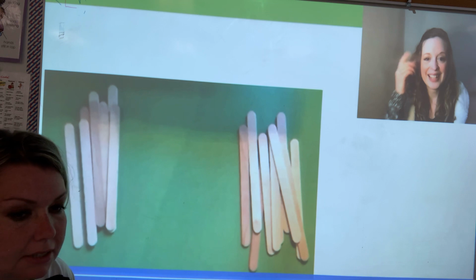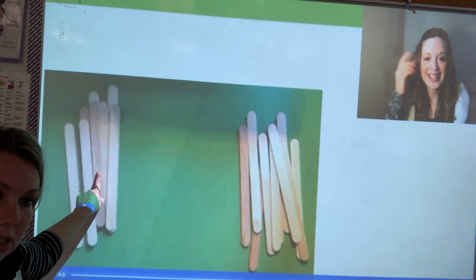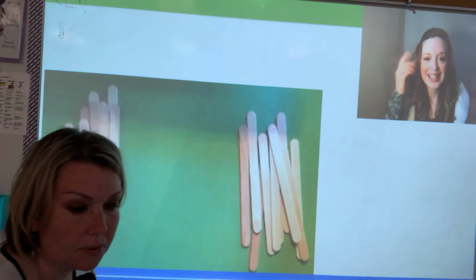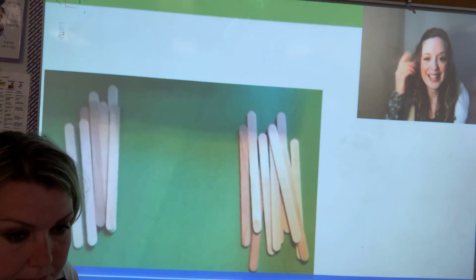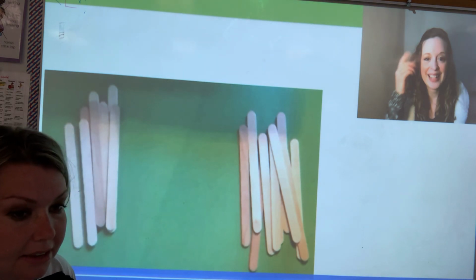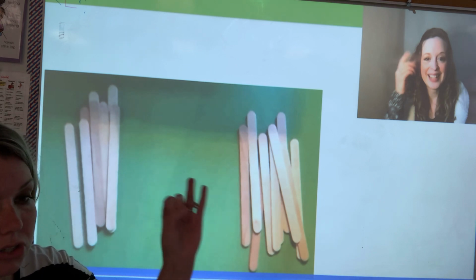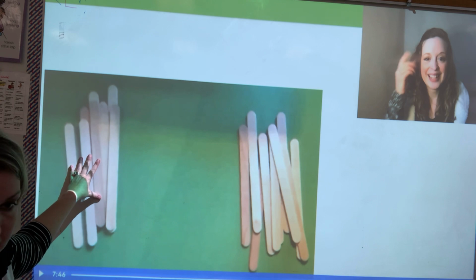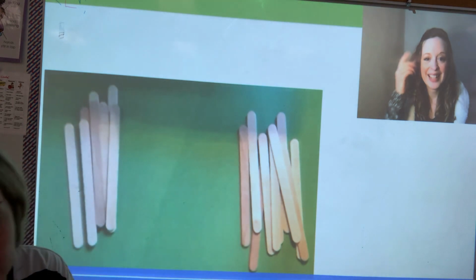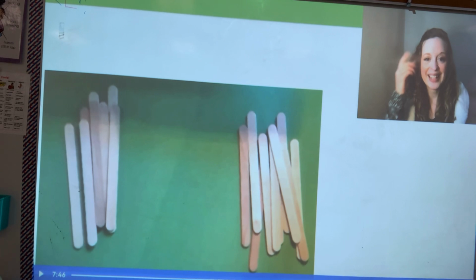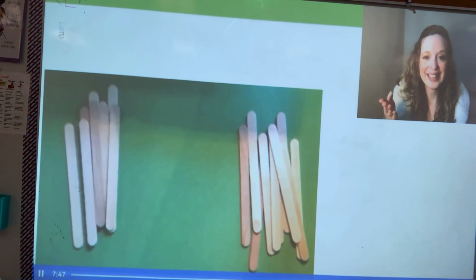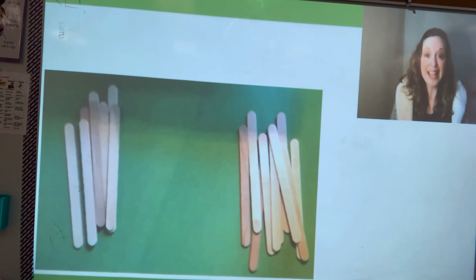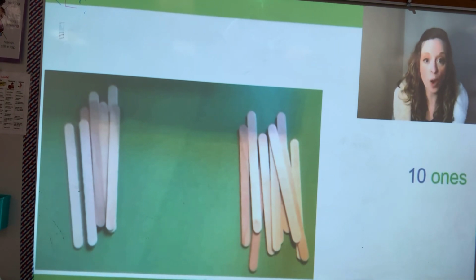Smriti, show us. Thank you, Ryan. We counted 10, and Estelle, 2 times. We counted it here 1 time, and then we counted 10 again a second time. Say it. Yes, we counted 10 ones 2 times.